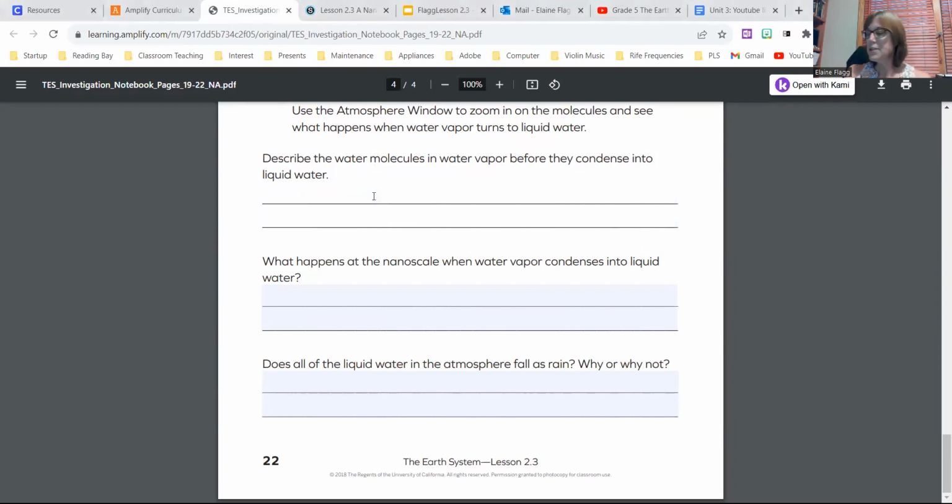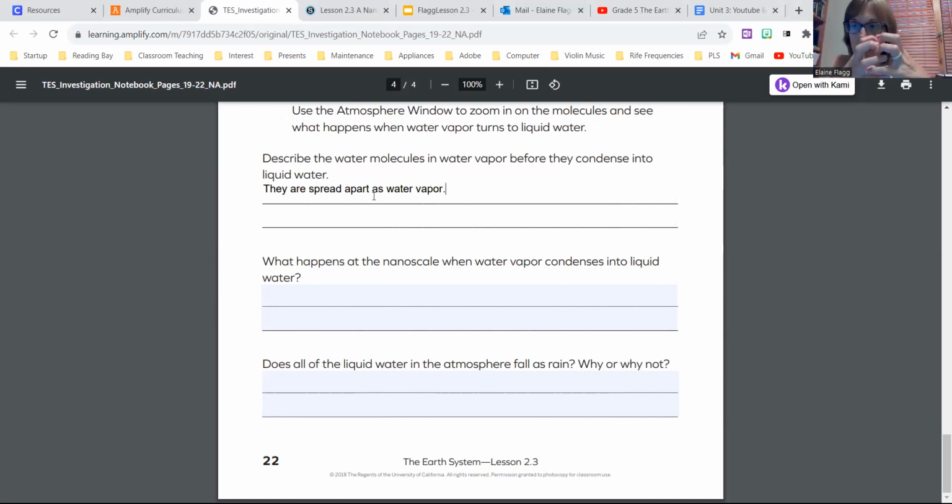Okay, so let's answer the questions together. The first question was, what are the molecules like before they condense? They are spread apart as water vapor. Remember, they come close together when they condense, but when they're water vapor, they're farther apart.